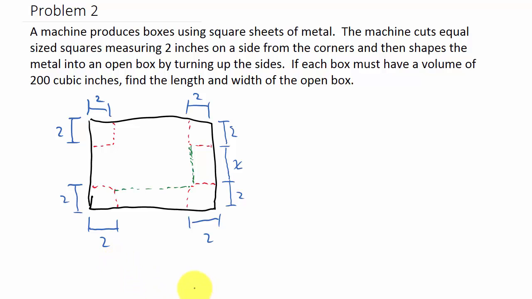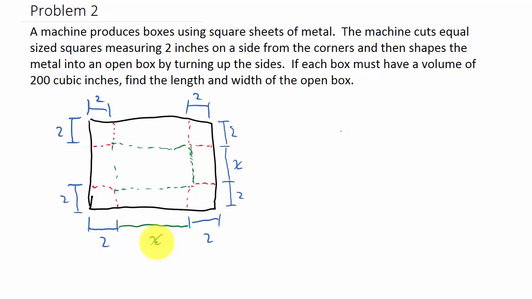This is going to be folded up. So if this side is folded up and this side is folded up, then that's the length of the base. Just like if this side is folded up and this side is folded up, that's the width of the base. Like I said, we'll just call that X, and call the other one Y or W or S, whatever.